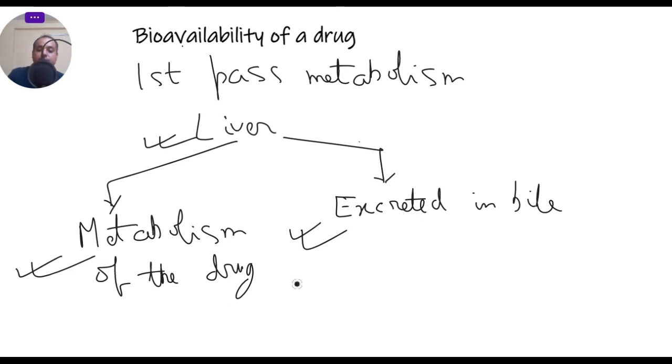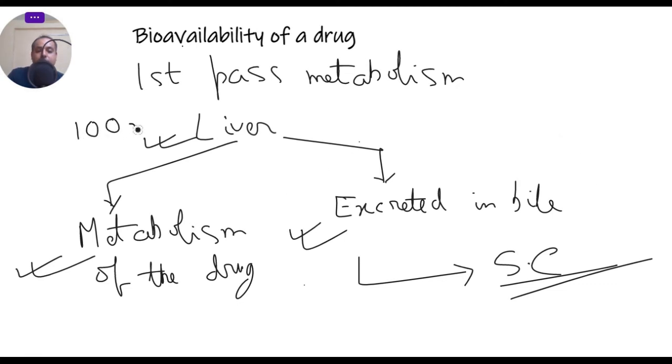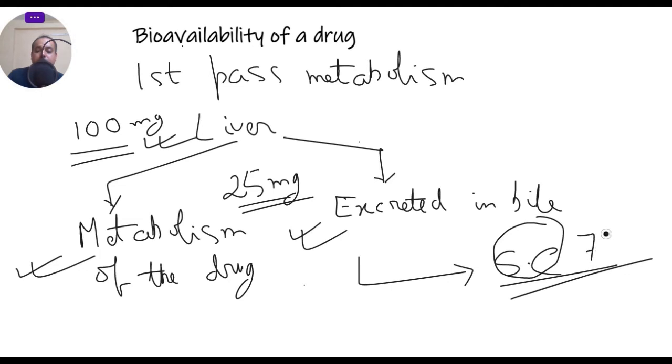Then from there the remaining portion will reach the systemic circulation. So suppose 100 mg of drug has reached the liver, right? And 25 mg we have lost due to metabolism and excretion in bile. So how much is ultimately reaching the systemic circulation? 75 mg, right?